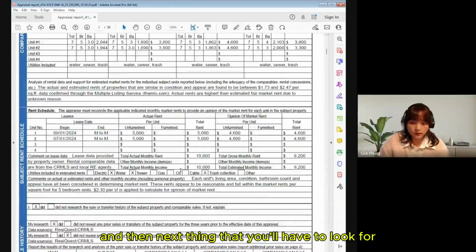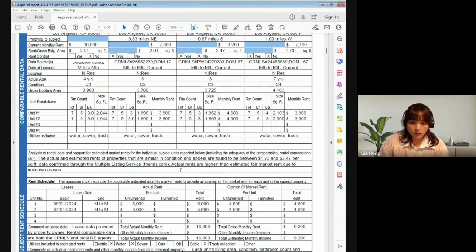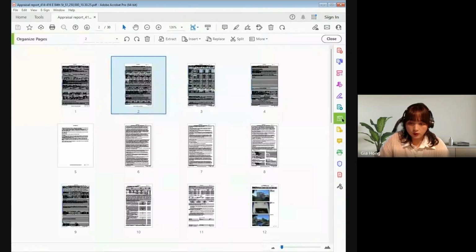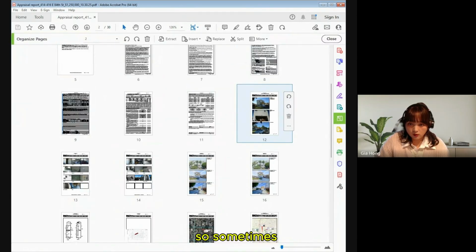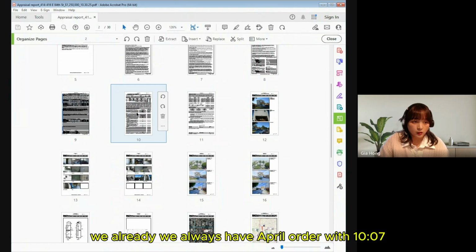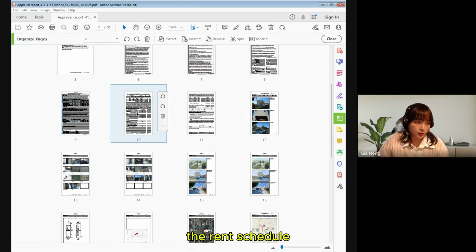And the next thing you'll have to look for is the rental income part. In most cases when April's ordering an appraisal for an investment property, we always have April order it with the 1007, the rent schedule.